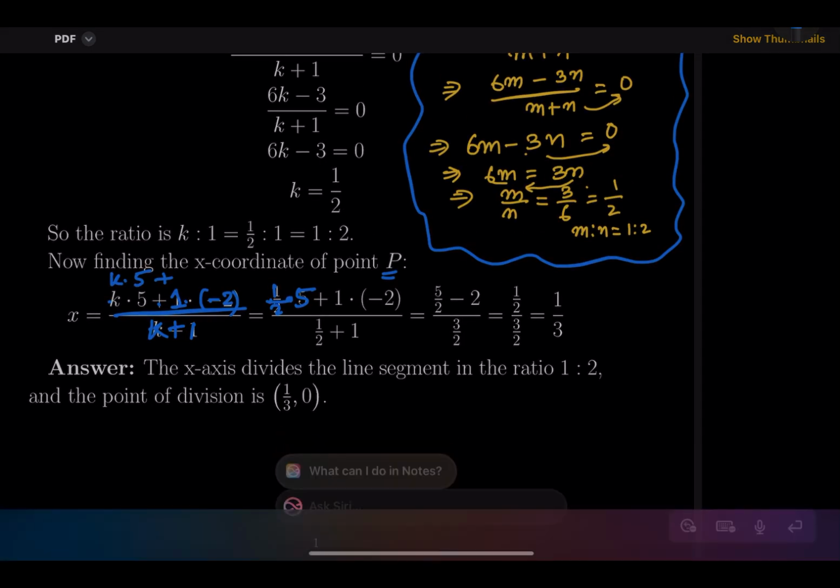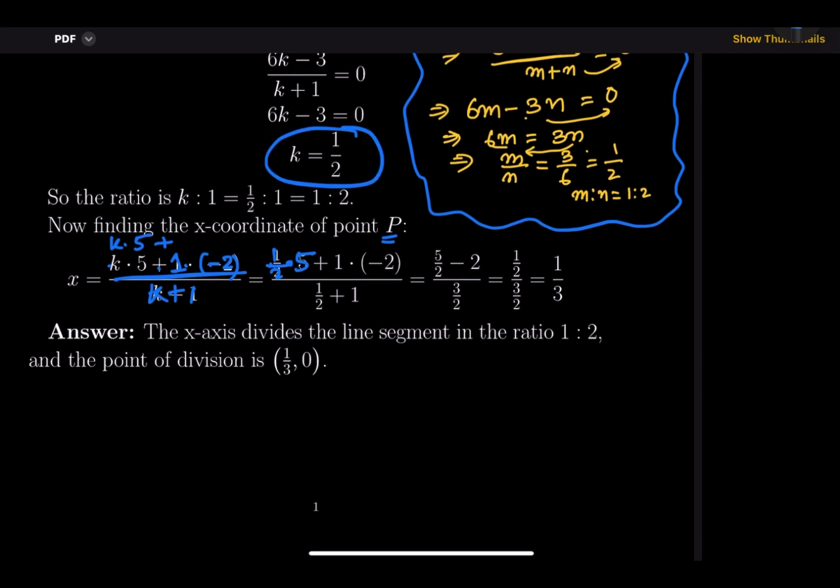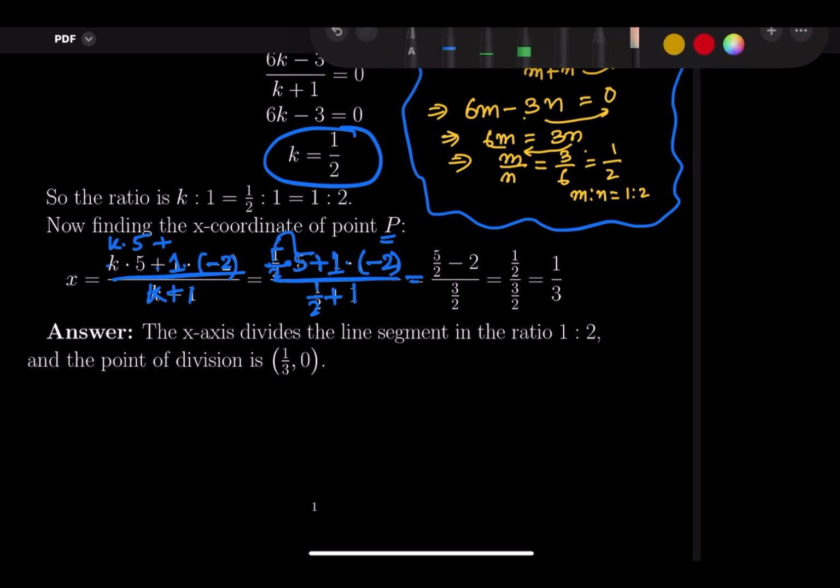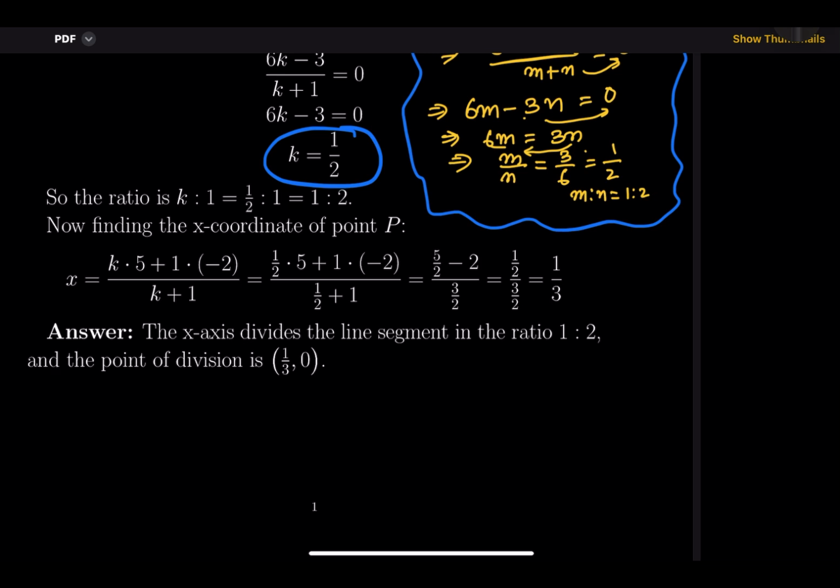Remember this one: 1 by 2 into 5 plus 1 into minus 2, divided by 1 by 2 plus 1. If I take this, 5 into 1/2 is 5 by 2, plus 1 into minus 2 is minus 2, divided by 1 by 2 plus 1.